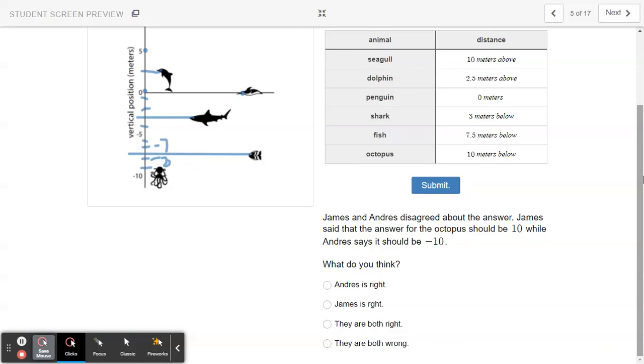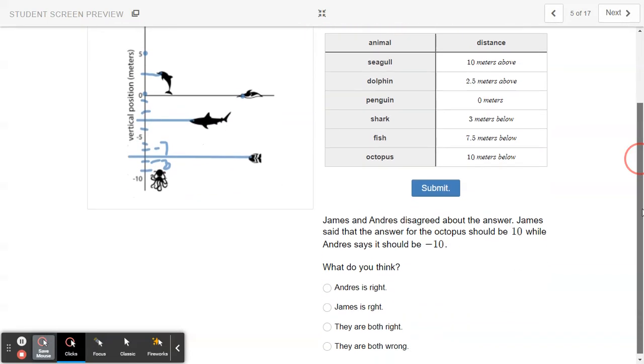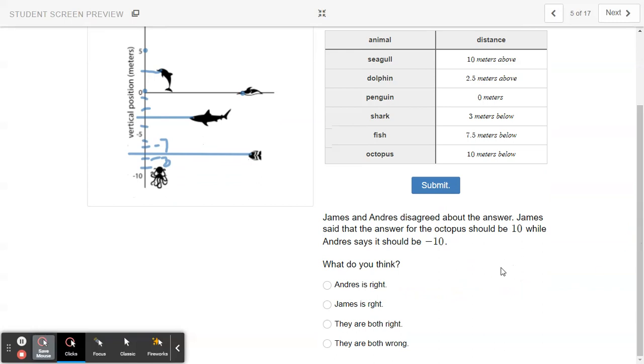All right, so I guess it kind of depends on what we're looking at. Like when we look at what we did up here, I didn't use any positives or negatives, right? However, this is saying how far above or below. If we're just talking about the distance from, well, technically they both could be right.